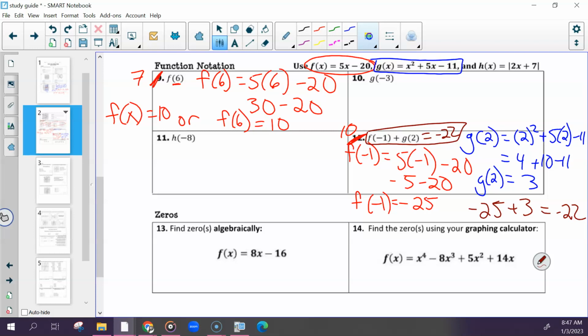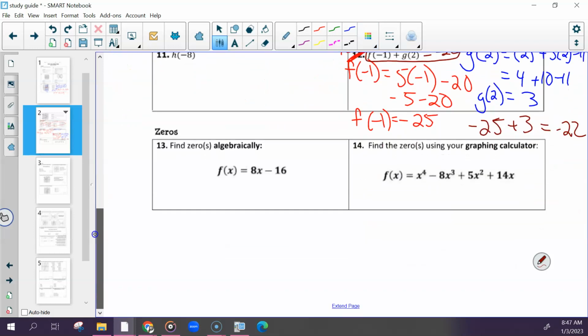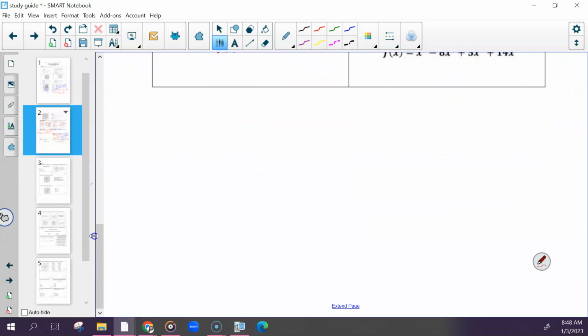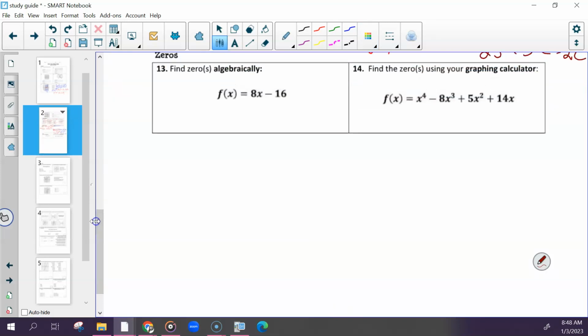11. So for finding the 0 algebraically, what are we looking for? X-intercept. If we're finding the x-intercept, our y value has to be what? 0.